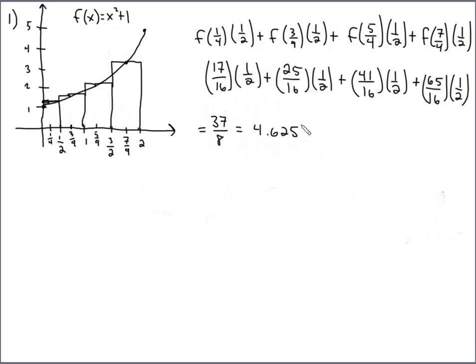So that's one way that you can get a pretty good approximation. You can use the midpoint. Another way to get a better approximation is actually just to take the average of the right and the left endpoint approximations, and that gives a pretty good approximation as well. So as we'll see in this section, though, we can actually do much better than these approximations. We can actually get the exact area under the curve with what's called the definite integral.